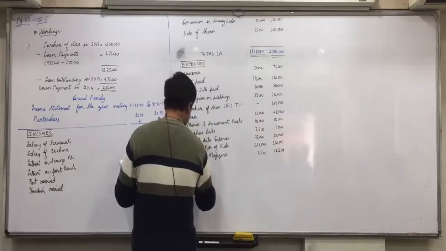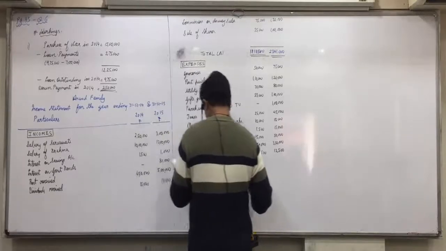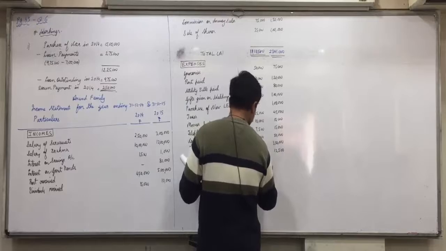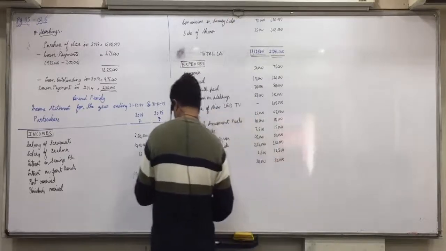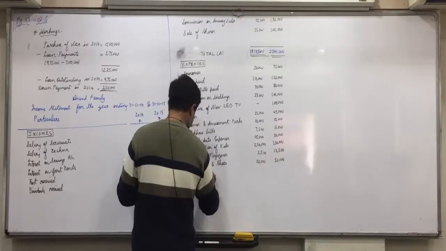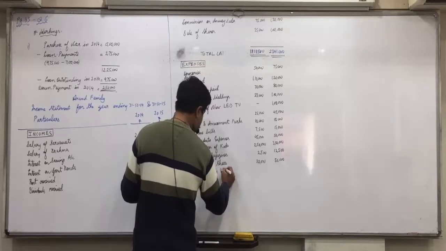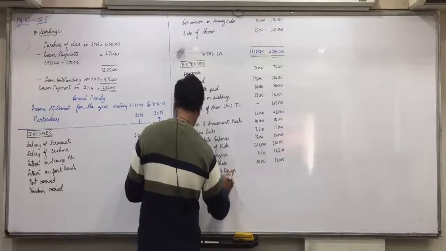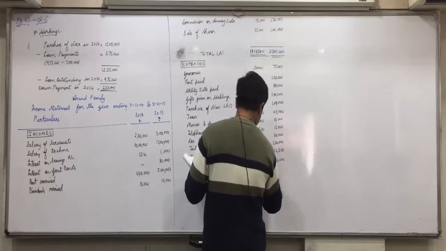Clothing and shoes 20,000 and 50,000. Medical bills and drugs 25,000.